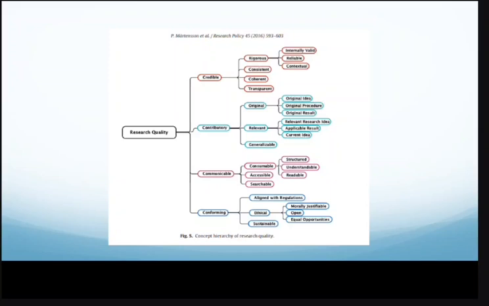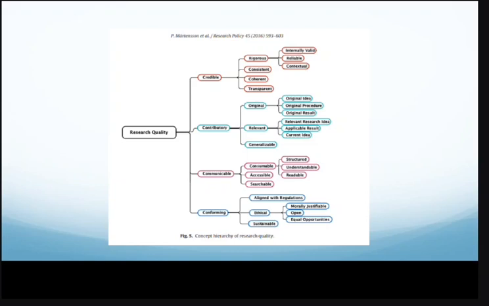So this is a table that talks about research quality, and I just want to give you this because I think this is interesting. Research quality is deemed to be of quality if it has 4 C words. Is the research credible, meaning was it performed in a way that is methodologically sound? Is it contributory?